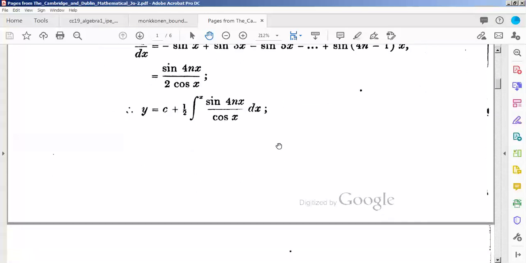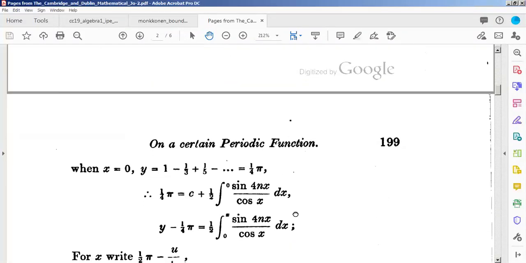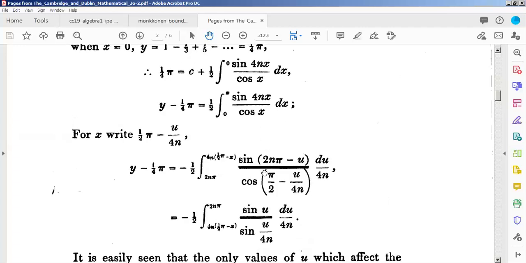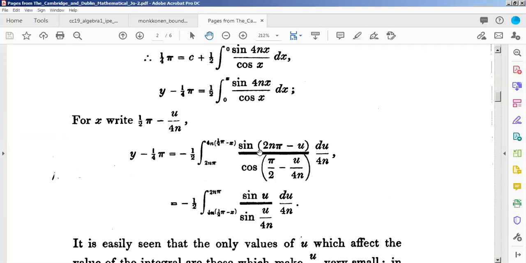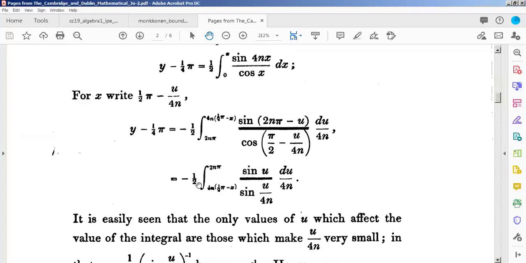That's what I was doing. And here they just make a u substitution. So write x equals 1/2 pi minus u over 4n. And you get this expression, and then you use trig identities to get down here.